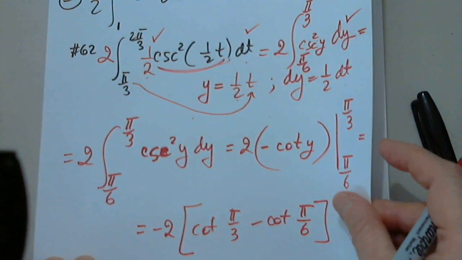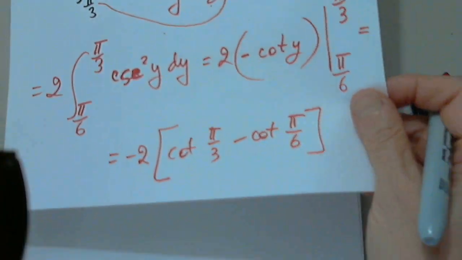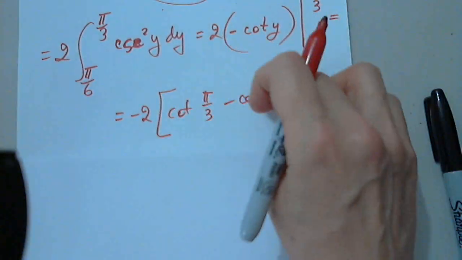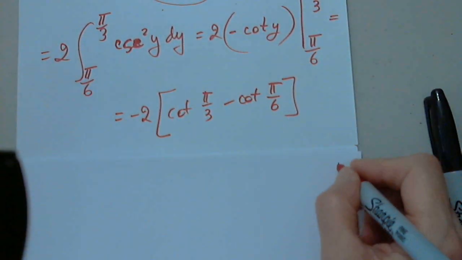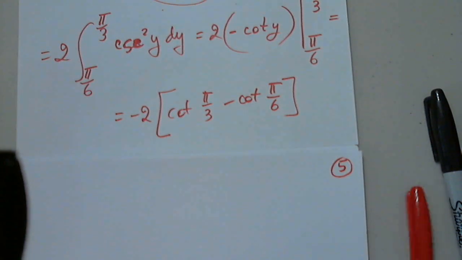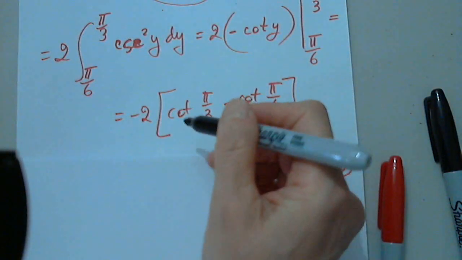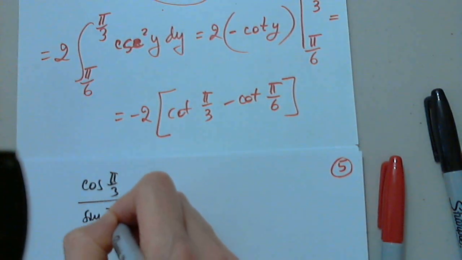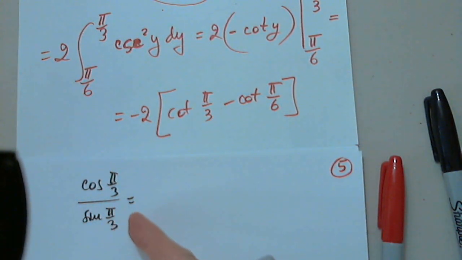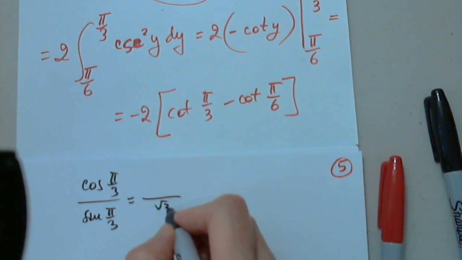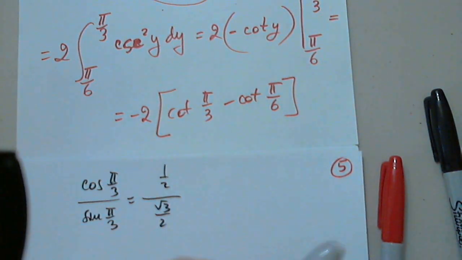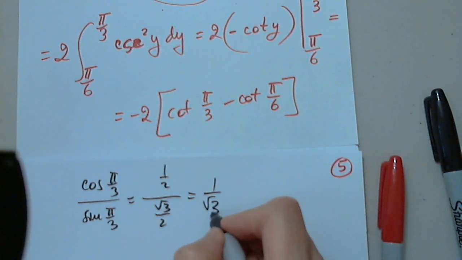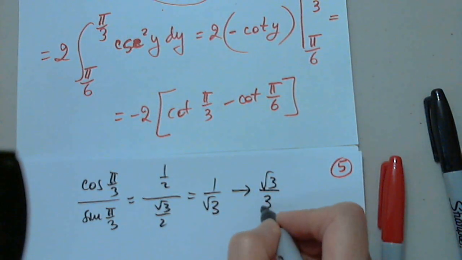And if you remember, we talked about this. Who cares about these numbers? Nobody. It's so easy to make them up quickly. So cotangent is cosine over sine. That's all you need to remember. This one is the square root of 3 over 2, and this one is 1/2. So when you flip, you will get 1 over the square root of 3, which changes into the square root of 3 over 3.